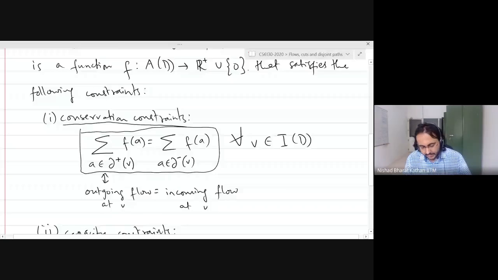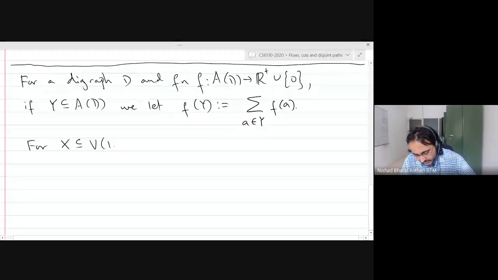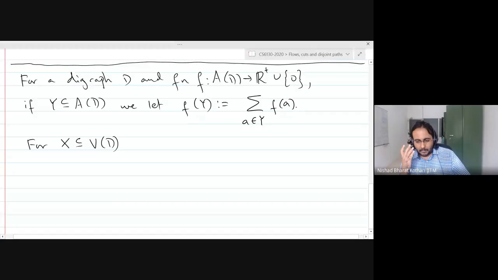Okay, so we are going to define the flow on a set of arcs as just the sum of the flows on each of the arcs individually, right? And the reason is simply convenience. We are going to find this notation convenient to simplify stating things, okay? And what is going to be more useful than an arbitrary set of arcs is a set of arcs that comprises a cut of the graph, okay?